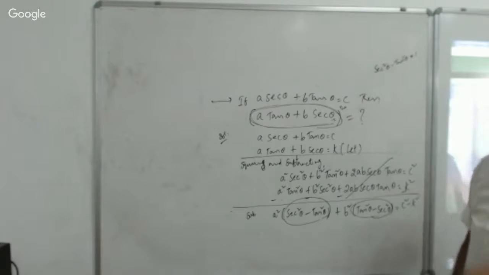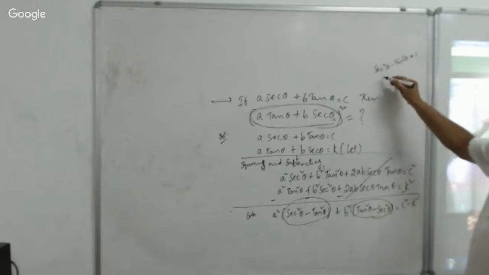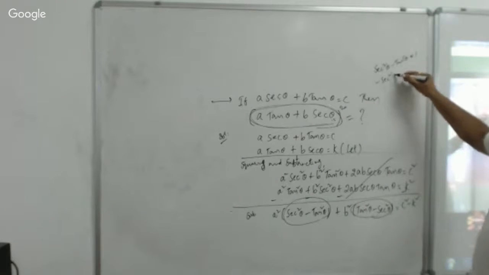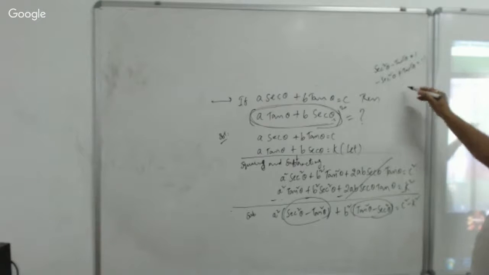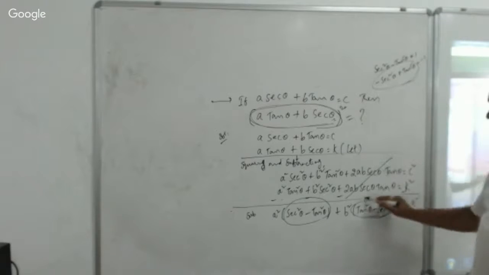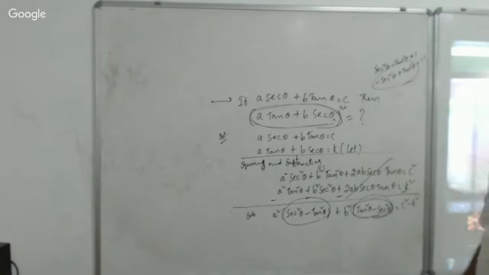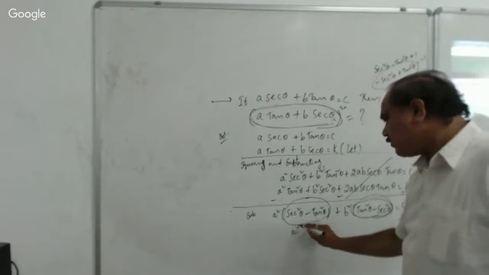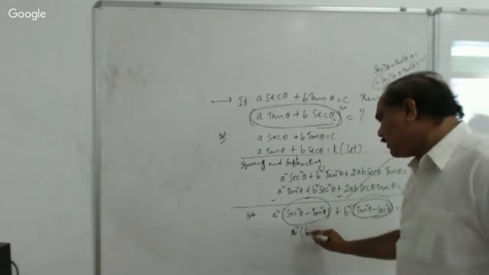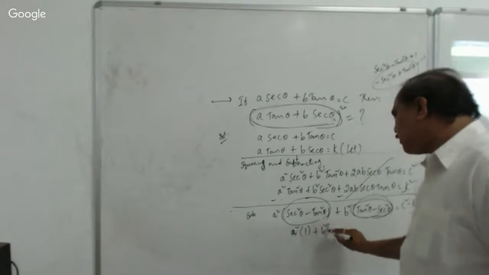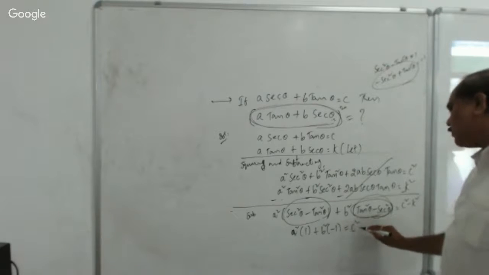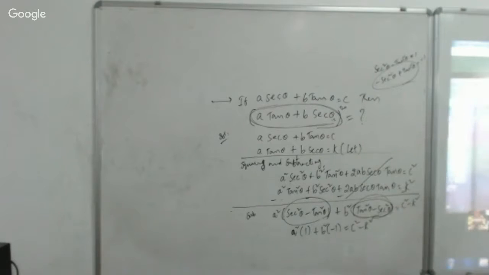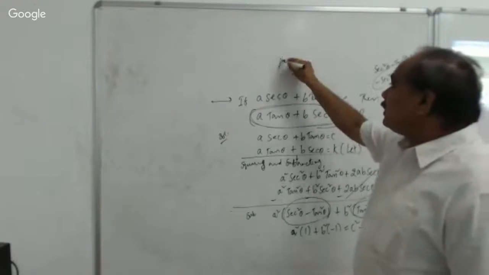Multiplying by minus 1 on both sides, you are getting minus secant square theta plus tan square theta equals minus 1. Therefore, a square into 1 plus b square into minus 1 equals c square minus k square.